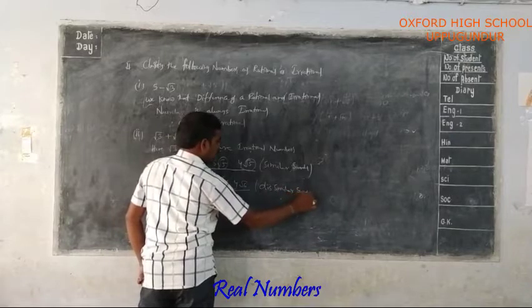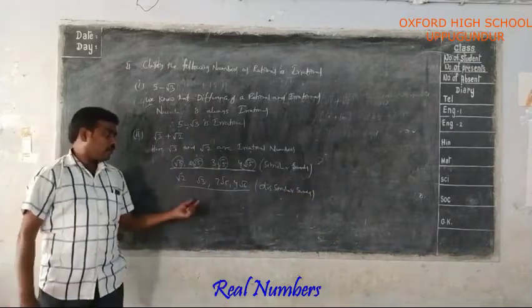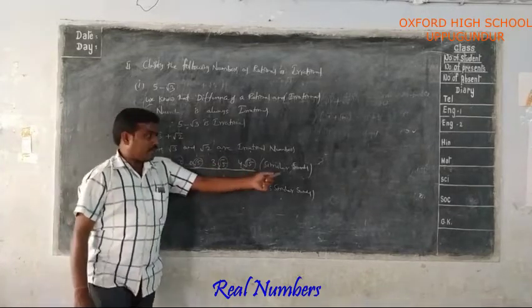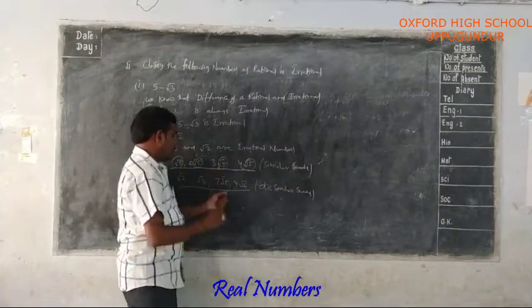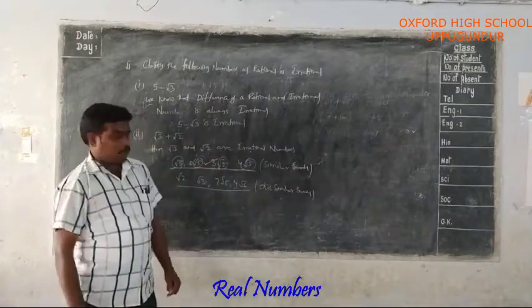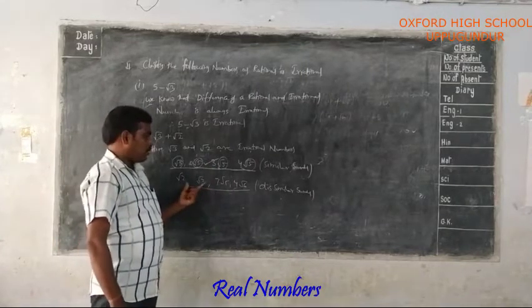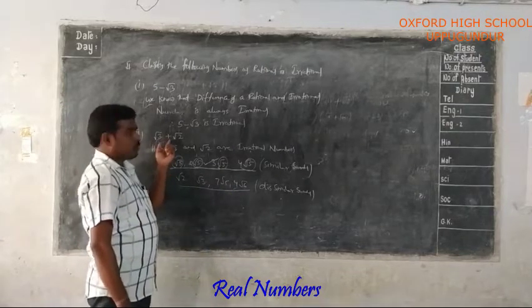Whenever we are adding or subtracting surds, we can add or subtract only similar surds. We can't add or subtract any two dissimilar surds.